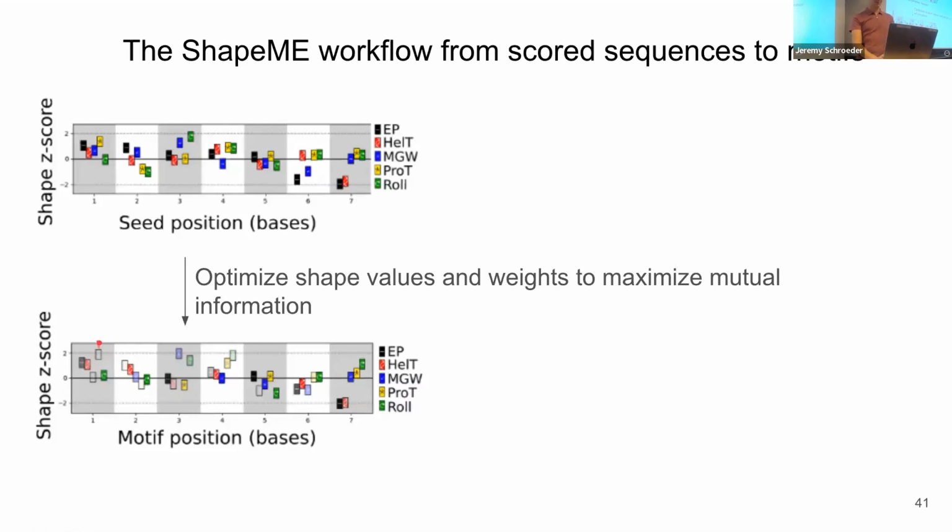So for example, here propeller twist at position 1 has a weight of 0, basically, so it's transparent. So the optimizer basically figured out that the value of propeller twist here just doesn't matter. So we're going to drop it out of the distance calculation entirely, not even consider it. So now this is what I consider a proper motif. It's not a seed anymore, it's grown up, and now it's a motif.